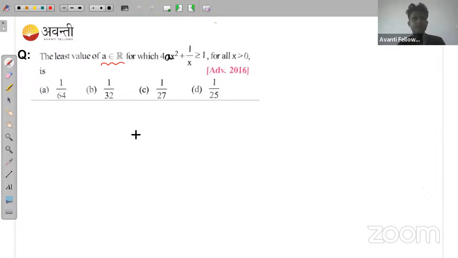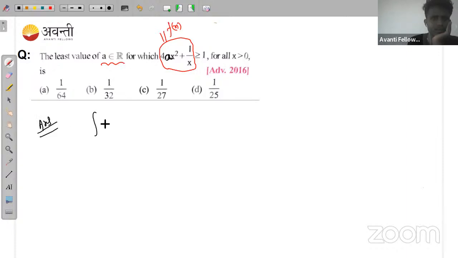First of all, let's say this is a function, right? Yes or no? So let's say this is a new function f of x is equal to 4ax square plus 1 by x.